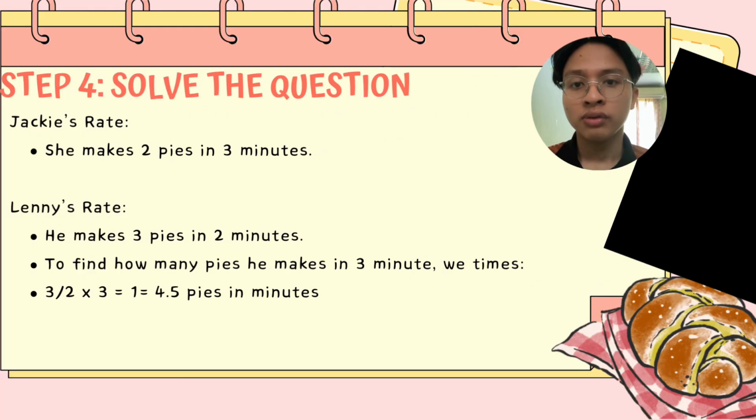Step 4. We solve the question. Jackie's rate: she makes 2 pies in 3 minutes, while Lenny's rate: he makes 3 pies in 2 minutes. So to find how many pies he makes in 3 minutes, we multiply 3 over 2 times 3, and we get 4.5 pies in 3 minutes.